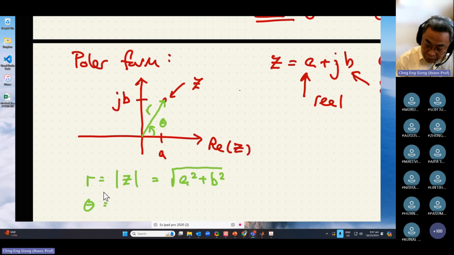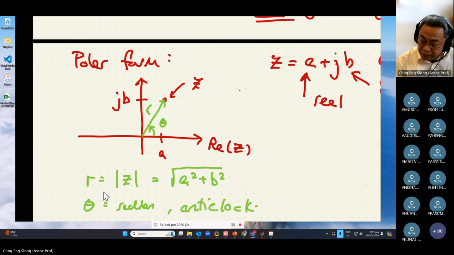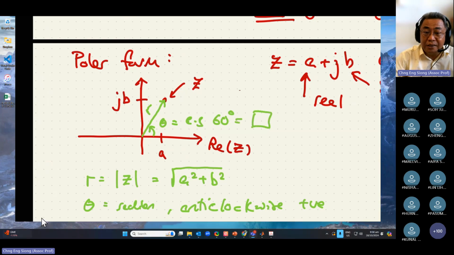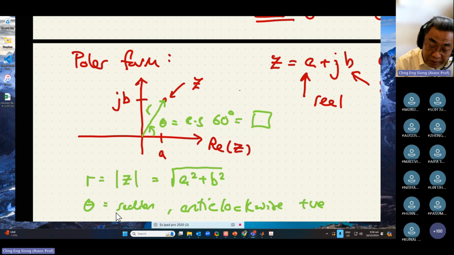And theta is in radians, and anticlockwise means positive angle. So maybe here is, let's say, 60 degrees, for example. But we don't like 60 degrees, of course, so you convert it into radians.